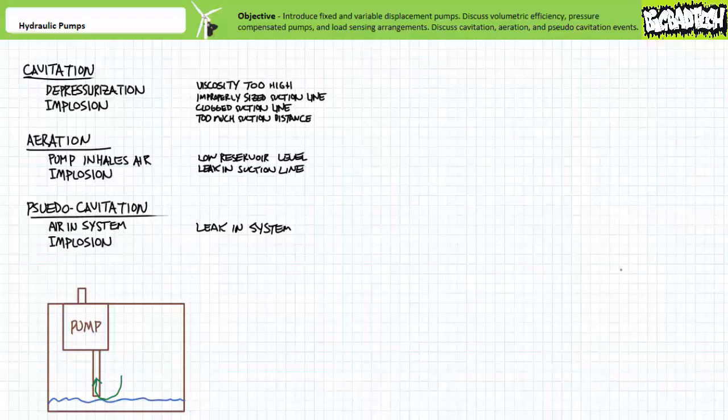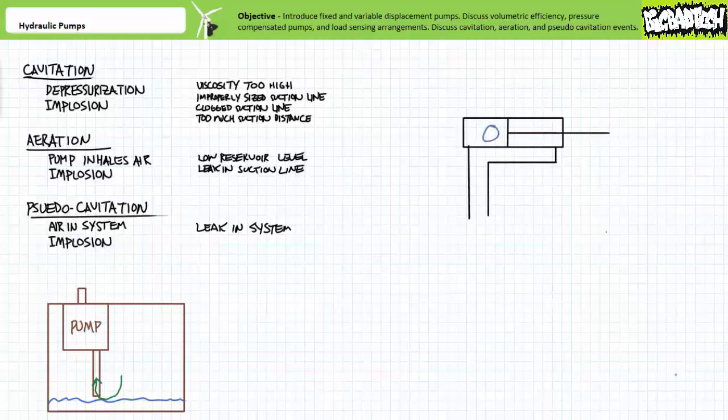Additionally, aeration can occur if the suction line is improperly fitted or has a crack or hole. Aeration is different from cavitation in that cavitation creates a vapor phase from depressurized oil, whereas aeration just sucks up air, then crushes it.